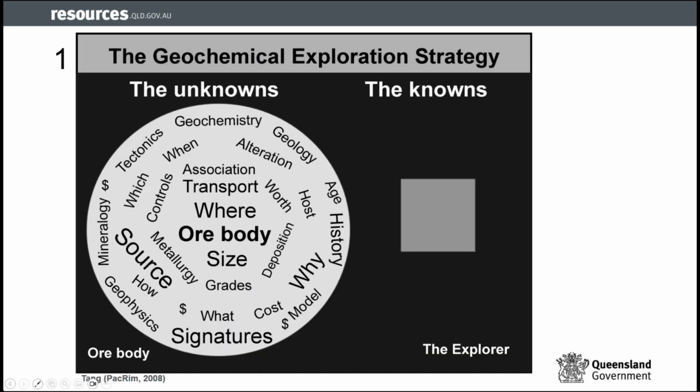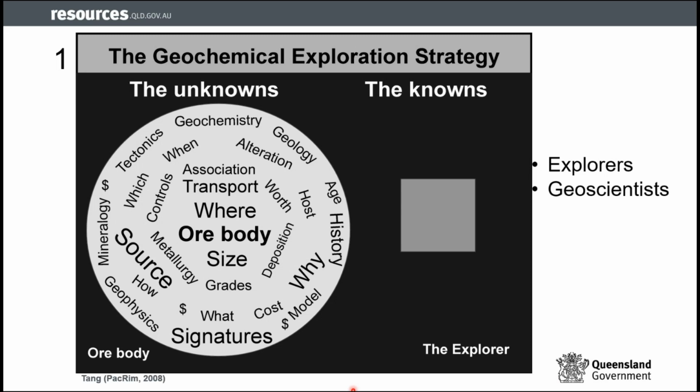Well, what is exploration strategy? Basically, when you look at exploration, there are two areas: the ore body and us. When we talk about us, we're talking about explorers and scientists.